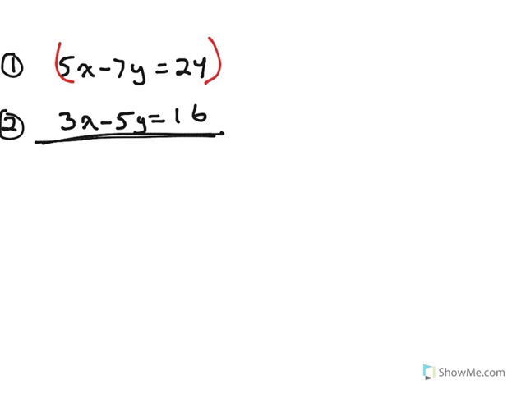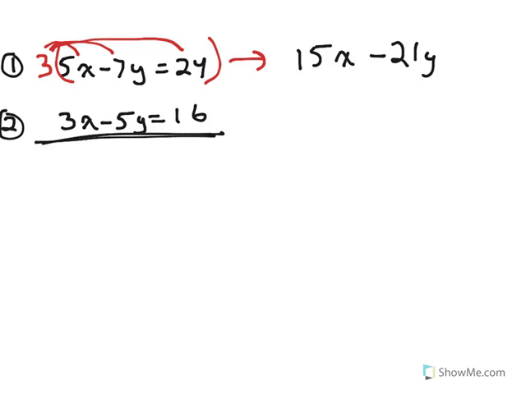So I need to find a multiple of 5 and 3, which is 15. I want to change 5x to 15x, so I am going to multiply that entire equation, both sides of the equal sign, by 3. And that gives me 15x minus 21y equals 72.